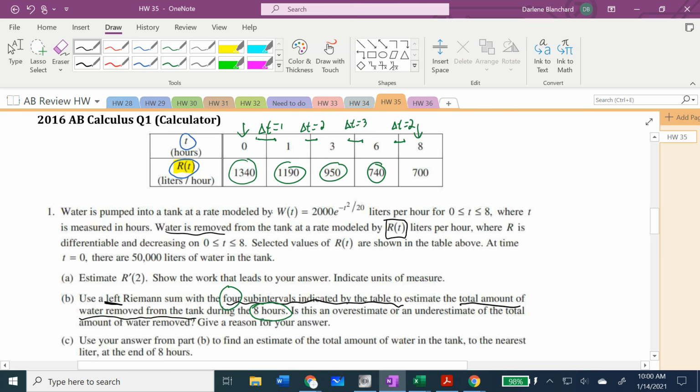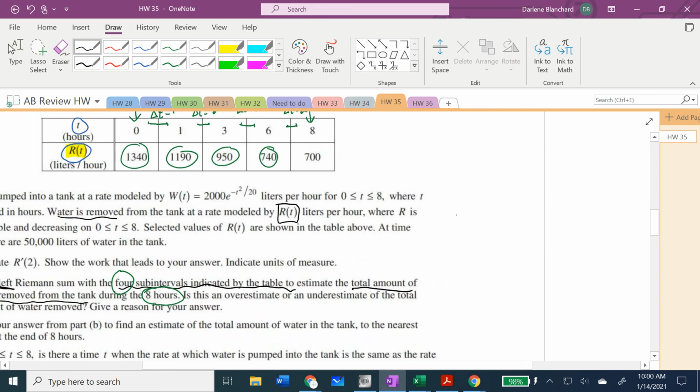You're not including the W function for pumping in because it's only total amount removed. So what you're going to do is say, I am solving, or should I say estimating, the integral of R of t dt from time 0 to time 8, and then saying that that is approximately.